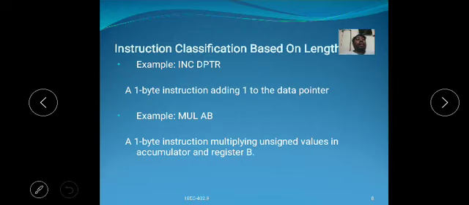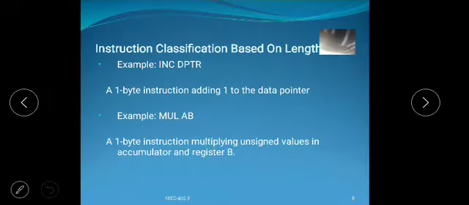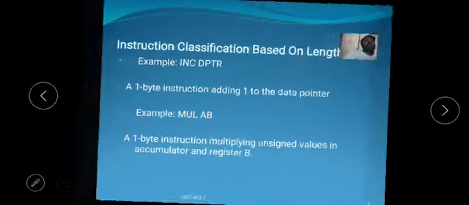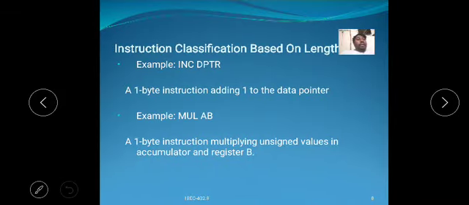Another example, MUL AB. MUL AB means multiplication.